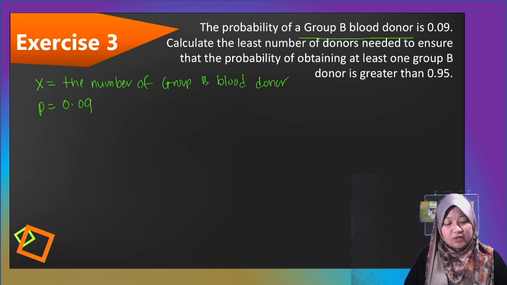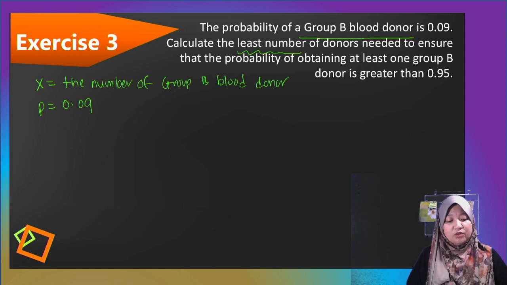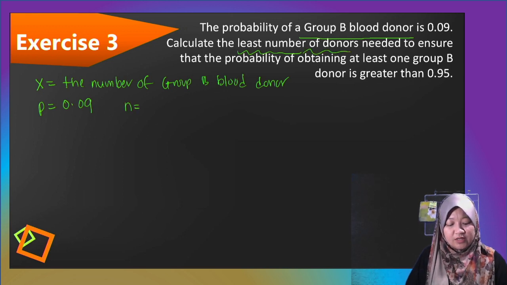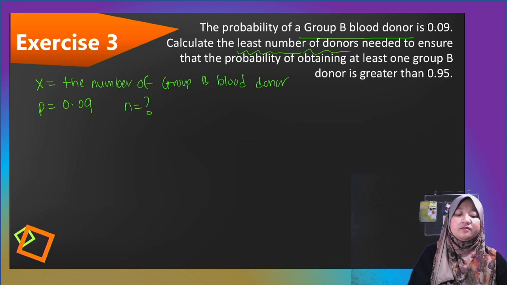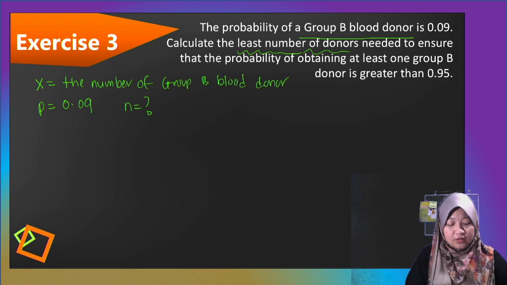Okay, so dalam soalan ni dia suruh kira berapakah least number untuk donor. Maksudnya dia suruh awak cari berapa nilai N. Dia tak beri nilai N, dia suruh awak cari. Dia beri situation apa? The probability of obtaining at least one group B donor is greater than 0.95.